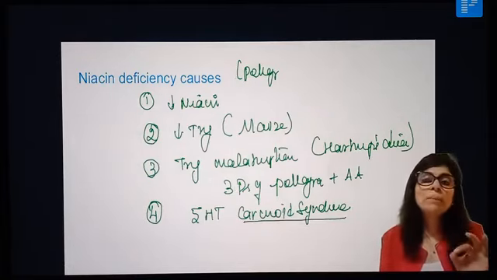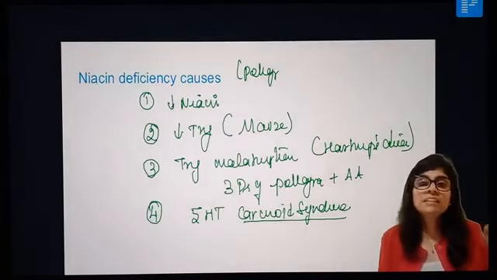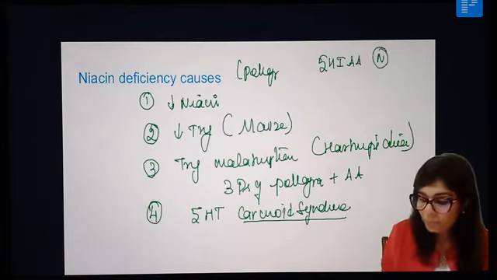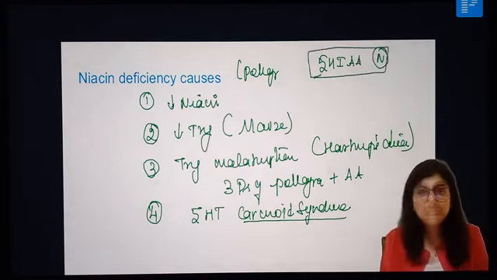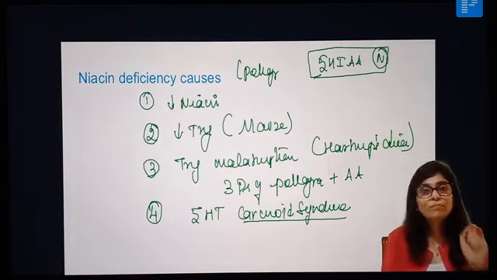Do you all remember this being asked in Jan 2024 FMG? The question said 3 Ds of pellagra, but urinary 5-HIAA concentration was normal, meaning it is not carcinoid syndrome. So please remember, carcinoid syndrome is one of the causes of pellagra.